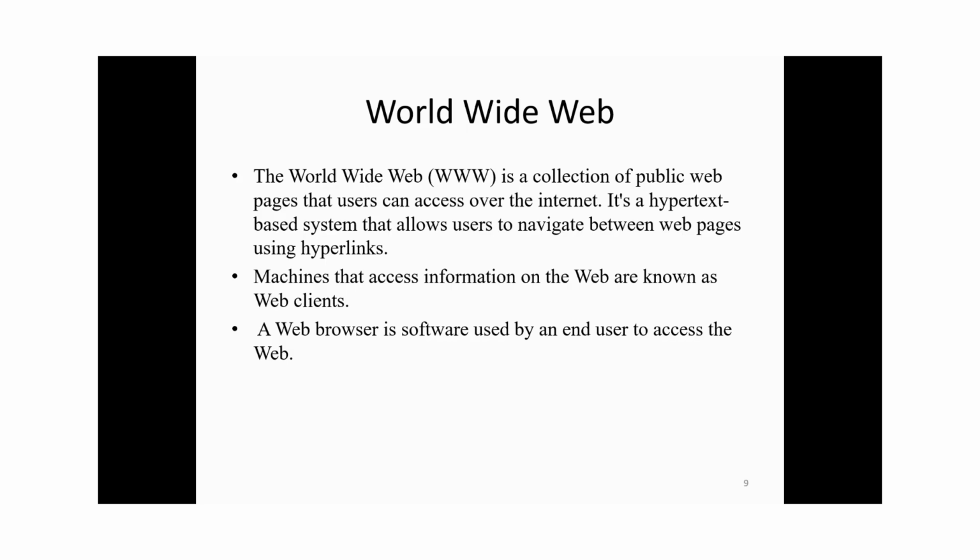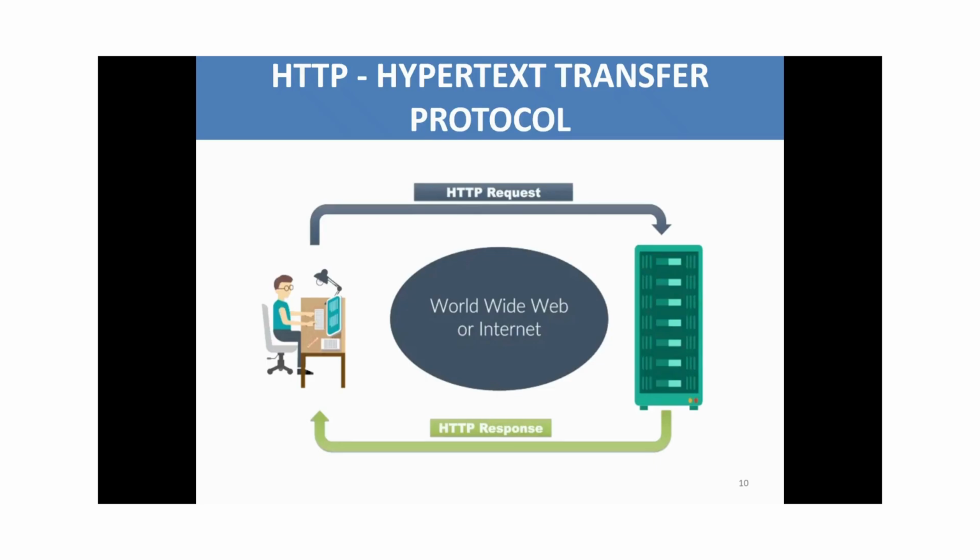The web client requests information over the web with the help of a web browser, which sends the request to the server. According to the request, the server will respond and finally display the web pages over the internet.